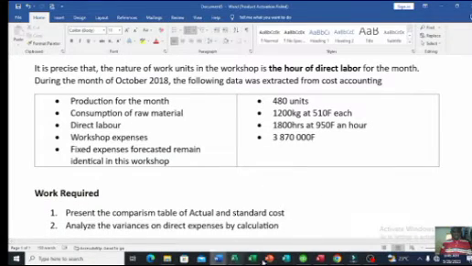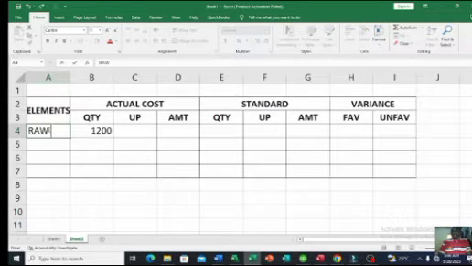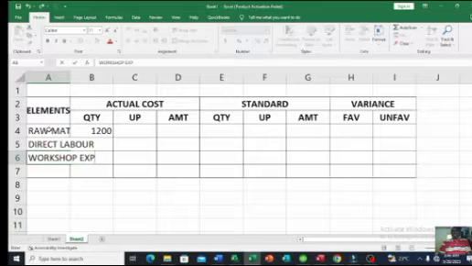So move back to our spreadsheet. Here we have 1,200, right? So I have raw materials, direct labor, workshop expenses.